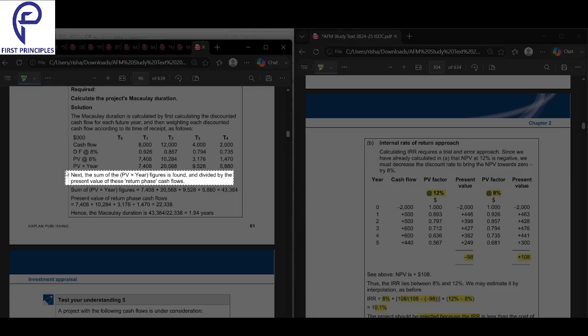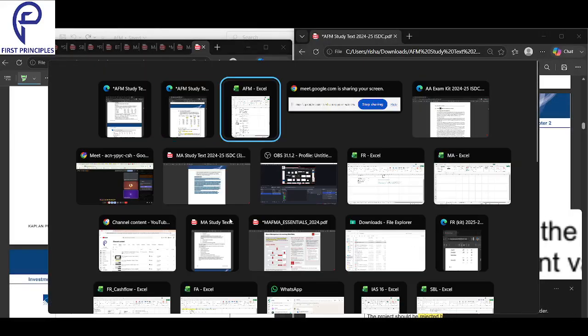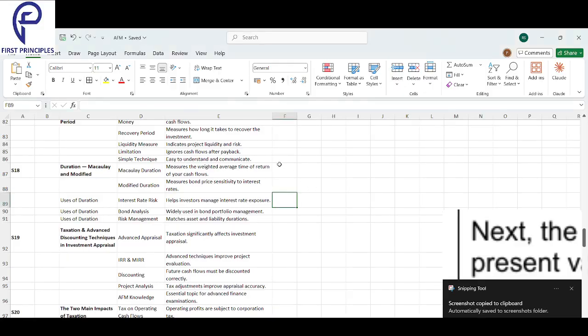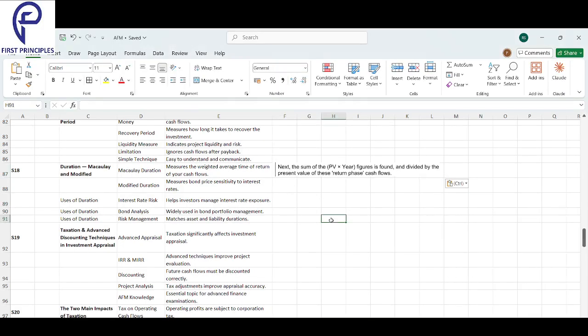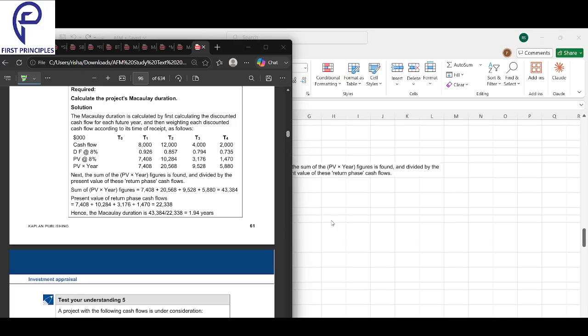The sum of present value into year is divided by the sum of the present value of these return cash flows. That's it. This is your formula for calculating the Macaulay duration.